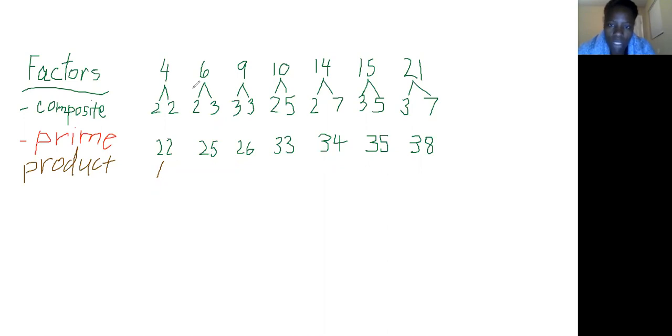The factors of 22 are 2 and 11. The factors of 25 are 5 and 5. The factors of 26 are 2 and 13. Maybe I should write that a little bit better. A little bit big.